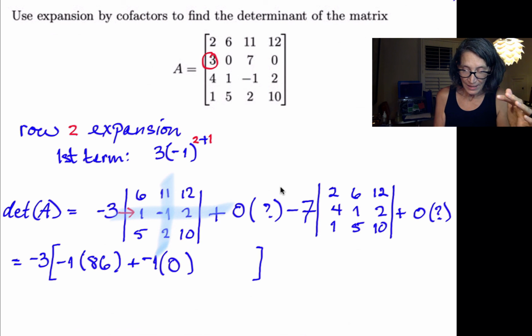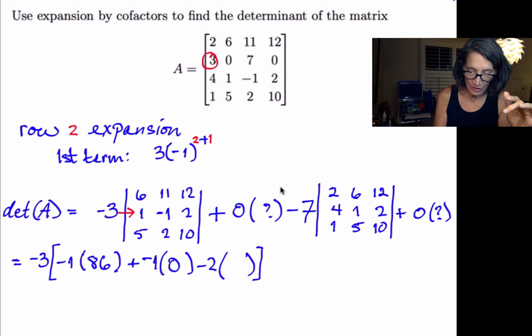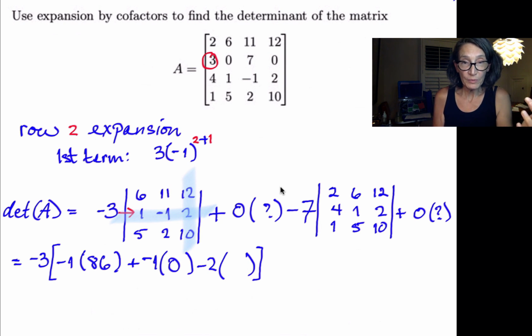And then the last term is going to be minus 2 times another determinant, and that determinant is going to be the determinant of the 2 by 2 that we get by removing the second row and the third column of our 3 by 3. So that determinant is 6 times 2 minus 5 times 11.